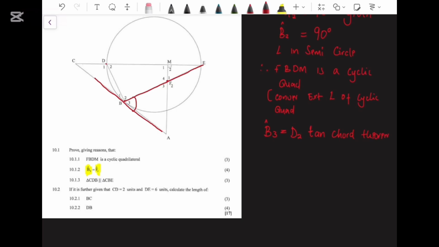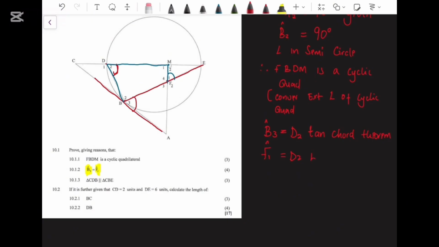So these two are equal. But also, remember, we have proved that this is a cyclic quad. So F1 is equal to D2. Angle F1 is equal to D2.